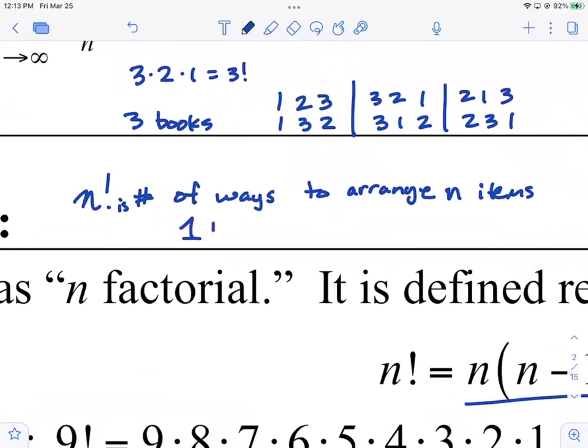Well, if you have 1 book, how many ways are there to arrange 1 book on a shelf? Let me go ahead and build the shelf. Here's the shelf. There's only 1 way to arrange 1 book on the shelf. There it is. There's the book. So there's 1 way. What if you don't have any books? How many ways are there to arrange no books on a shelf? There's 1 way, and there it is.